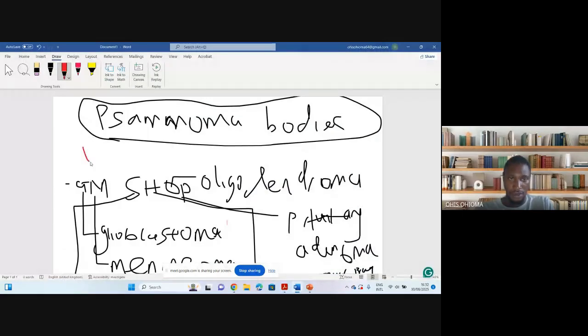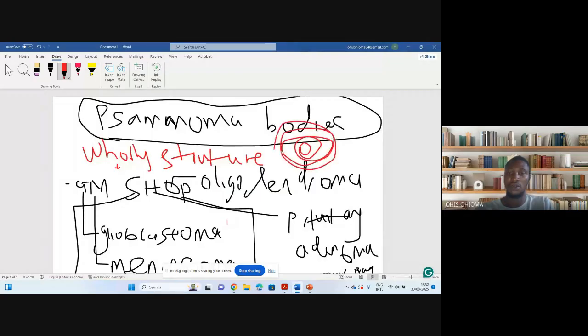It has a whorled structure, something like this. Yeah, so this is how you see it on histology. So when you see this laminated, circular kind of calcification on a histology specimen, you should think of a psammoma body.